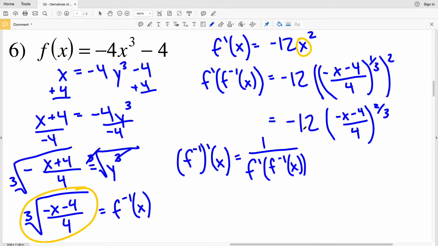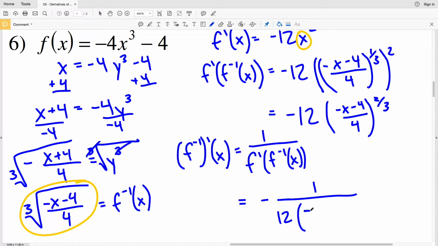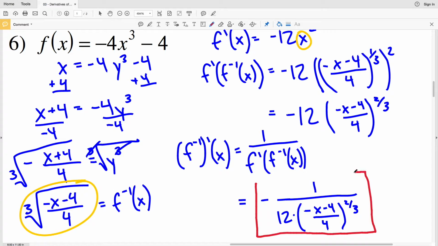So we're going to have 1 over negative 12, so that's going to be negative 1 over a positive 12 times (negative x minus 4) all over 4 raised to the 2/3. So again, that's negative 1 over 12 times (negative x minus 4) over 4 to the 2/3. That's my derivative in number 6 using the theorem.